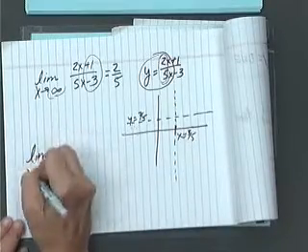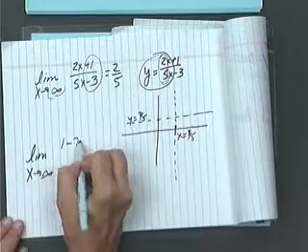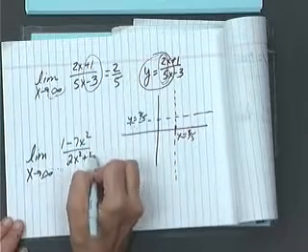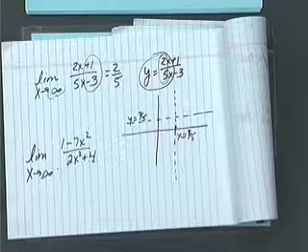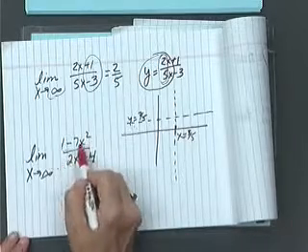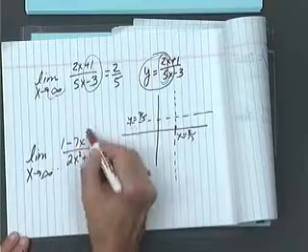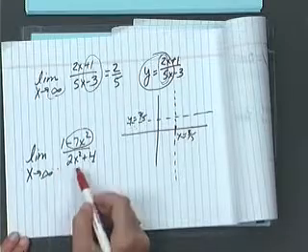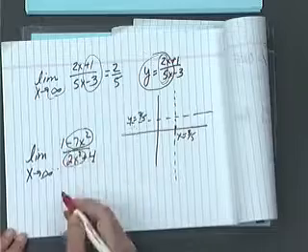Y'all are having kind of a blank look. All right. As x gets really, really big, which of these terms in the numerator is most important? Minus 7x squared. As x gets really, really big, which term in the denominator is most important? 2x squared.